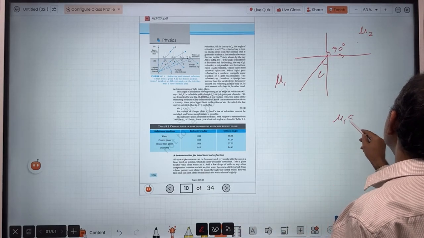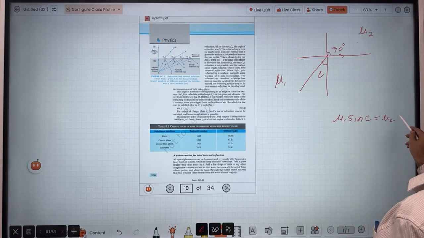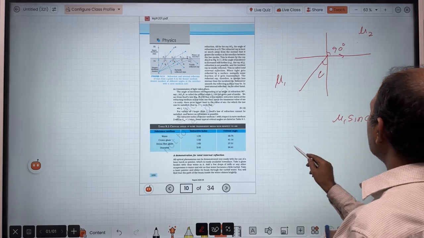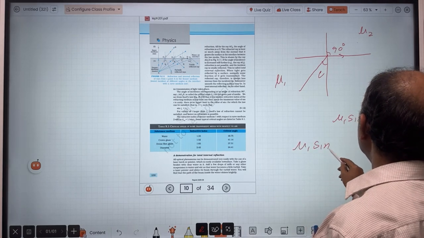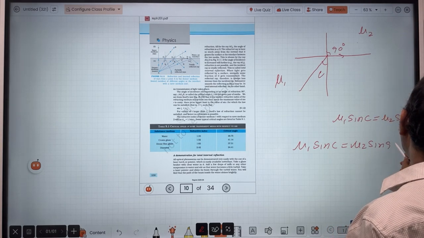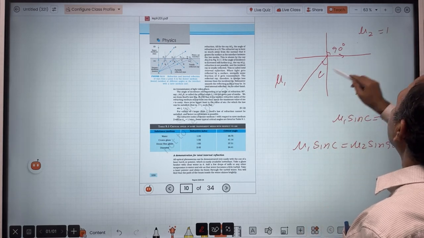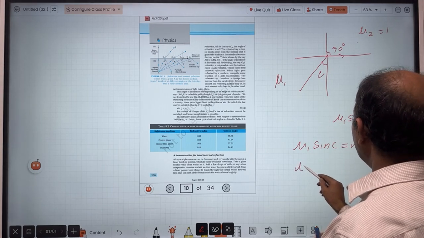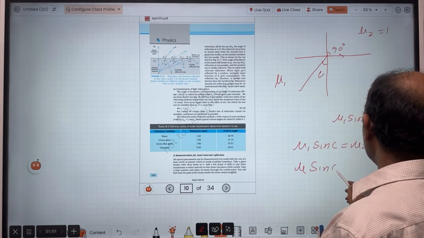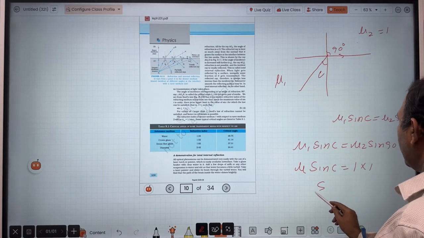So here there is one formula: mu1 sine C is equal to mu2 sine R, where R is 90 degrees. So mu1 sine C equals mu2 sine 90 degrees. Mu1 is mu and mu2 is 1, so mu sine C equals 1, since sine 90 is also 1.